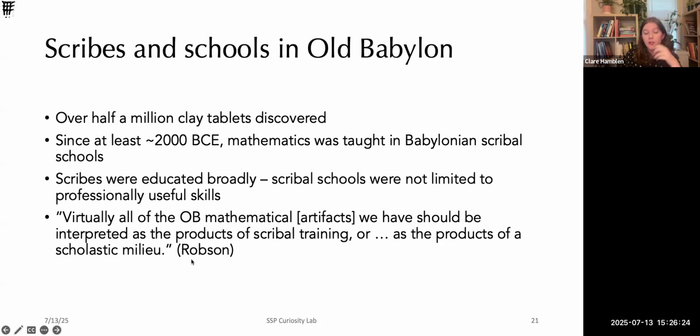This is from Eleanor Robson, who's one of the leading scholars on Plimpton 322. According to her, we should interpret almost all of the tablets and artifacts we have from Old Babylon as the products of schools and scribal training contexts. They're not professional mathematical works. They come from academic, scholastic contexts.